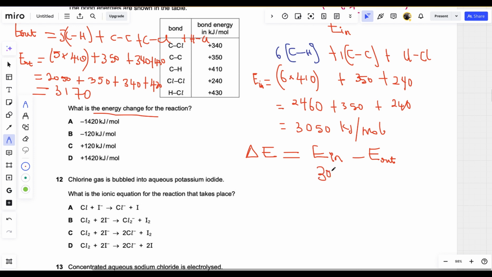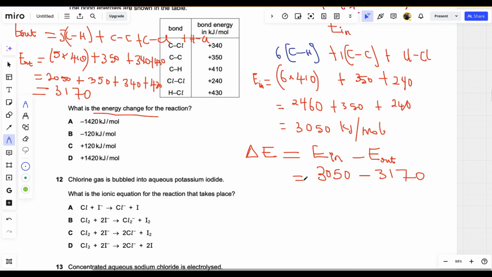So 3,050 minus the energy out, which is 3,170. So we're going to get a negative number in kilojoule per mole.